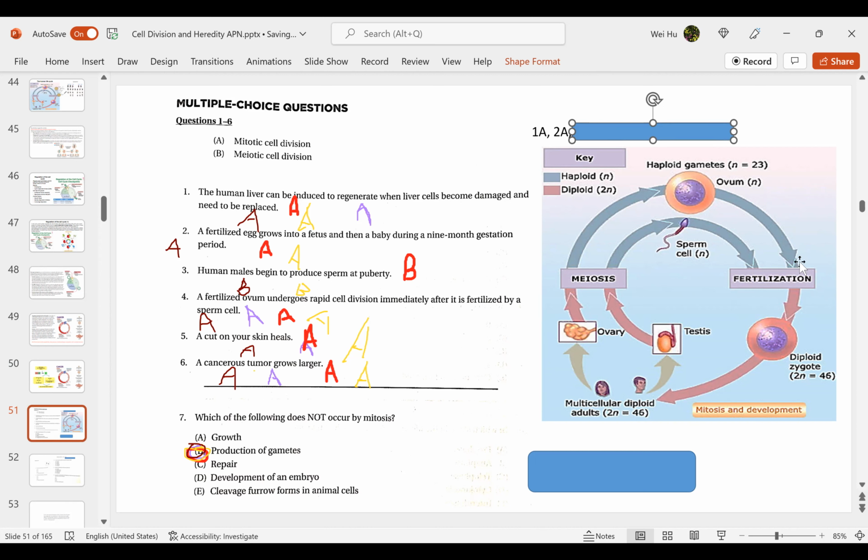Here you already combine two germ cells, so you start with embryo development, still A, mitosis. 3 is B, no problem. 4 is also A, because ovum is another name for egg, already fertilized. 5 is A, easy, and 6 is A, also easy, abnormal growth. And 7 is B. Good, perfect. So let's go ahead.